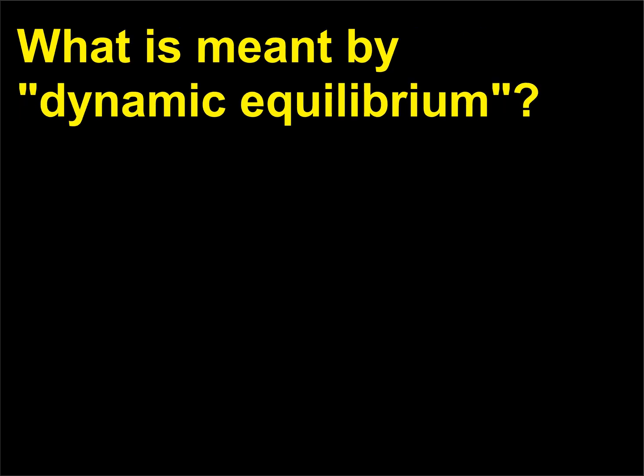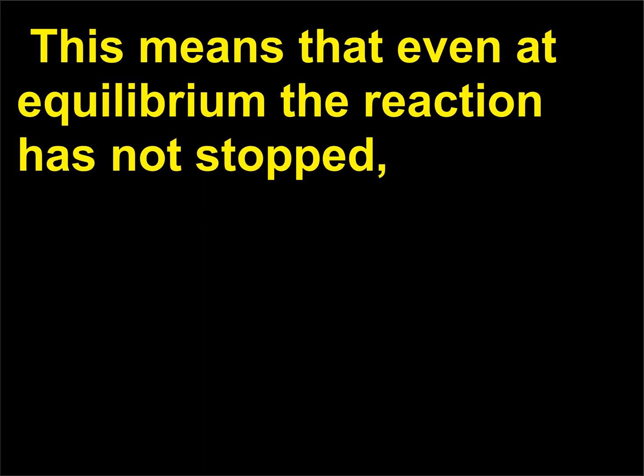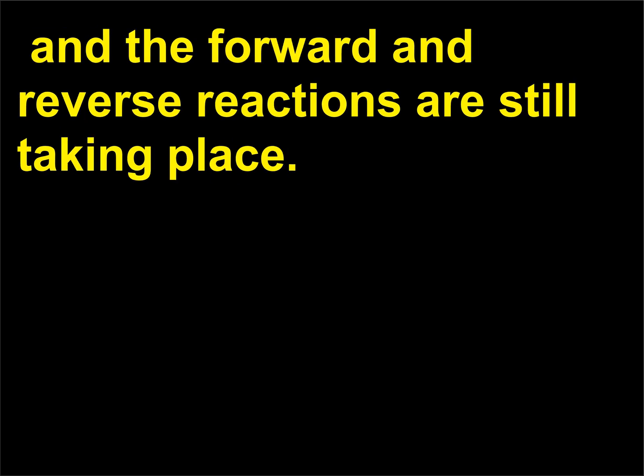What is meant by dynamic equilibrium? Equilibrium conditions in a reversible chemical reaction are described as a dynamic equilibrium. This means that even at equilibrium the reaction has not stopped, and the forward and reverse reactions are still taking place.